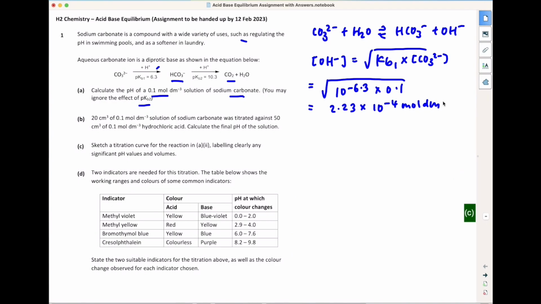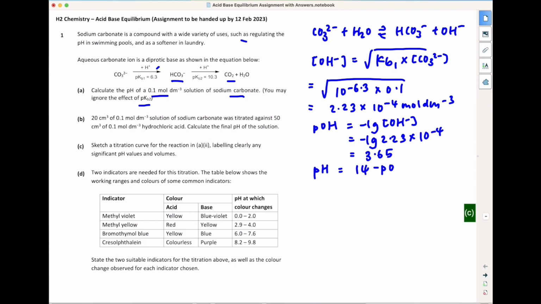With that you can find pOH. pOH equals minus log OH-, which is minus log 2.23 times 10 to the power minus 4. That gives you a pOH of 3.65. pH is 14 minus pOH. Plug it in yourself and you should get 10.35. So that's the answer for part A.